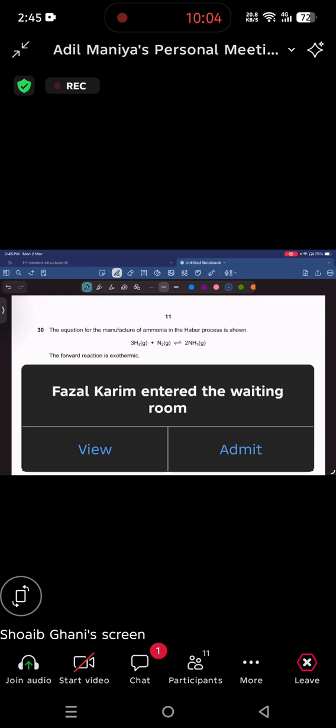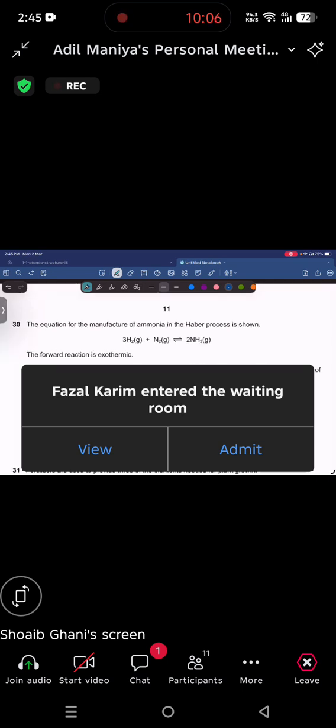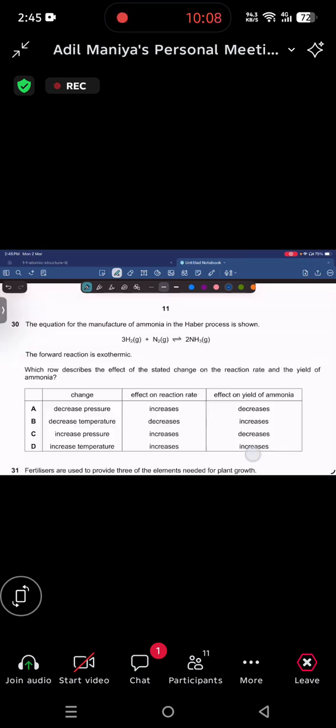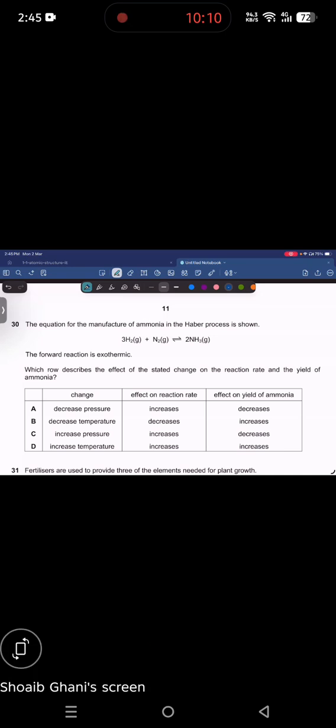Now the next thing is the equation for the manufacture of ammonia in the Haber process, shown here. The forward reaction is exothermic. What is the type of the forward reaction?